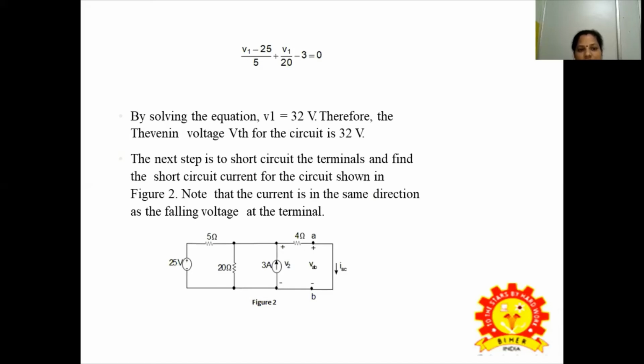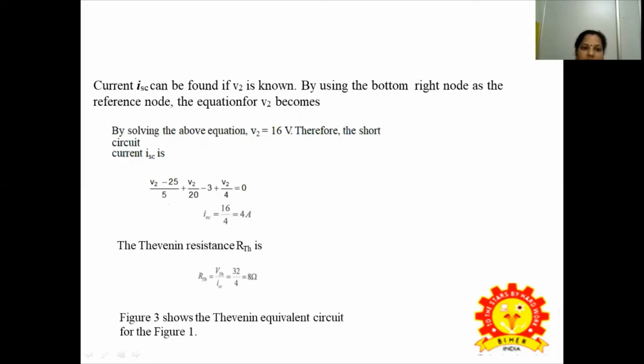The next step is to short circuit the terminals and find the short circuit current for the circuit shown in figure 2. Note the current is in the same direction as the falling voltage at the terminal. So current ISC can be found if V2 is known.